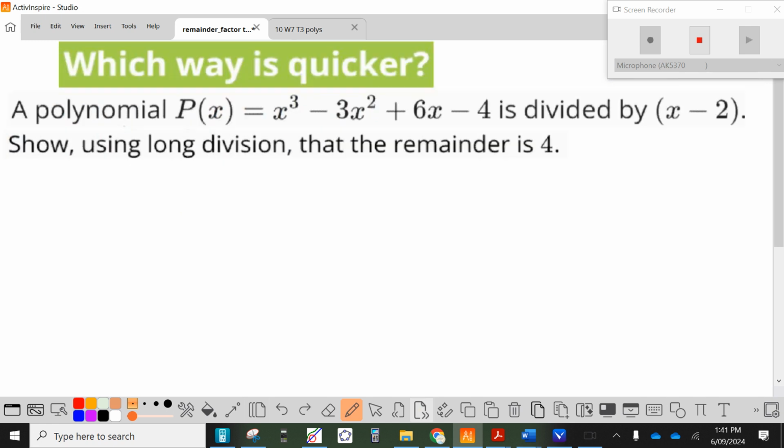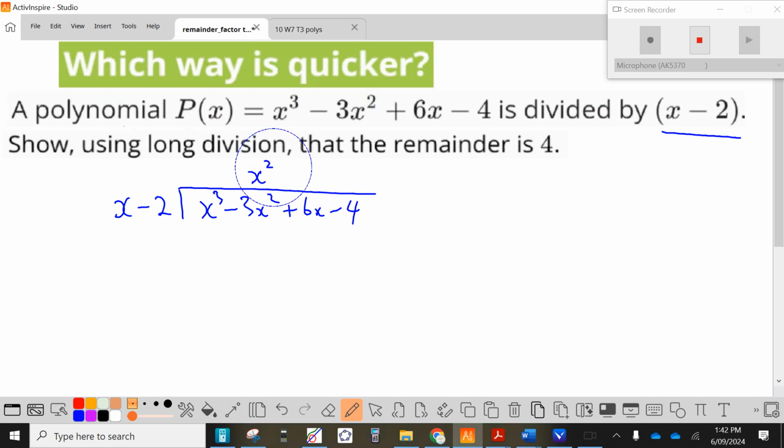So if I were to divide p of x by my divisor here of x take 2 using long division, it'll take us a while to do that. So if I do all that there, I start 2 terms in, and I have x squared times x makes x cubed minus 2x squared.